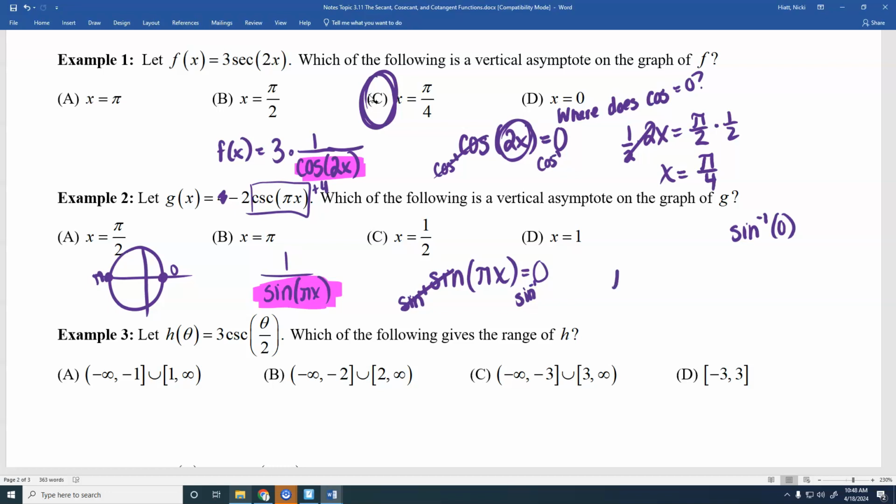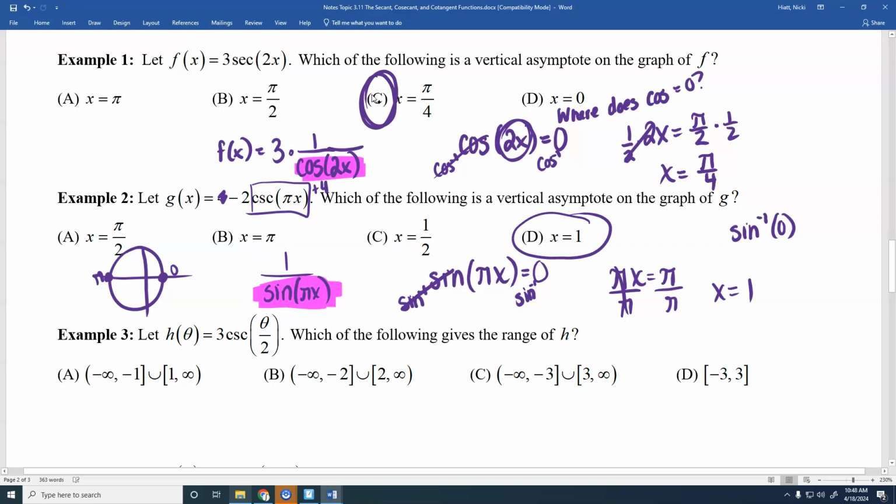So let's try that. We got pi times x will equal pi. What do I need to do to solve that for x? Divide by pi. And so x would equal 1. So x equals 1 would be the answer.